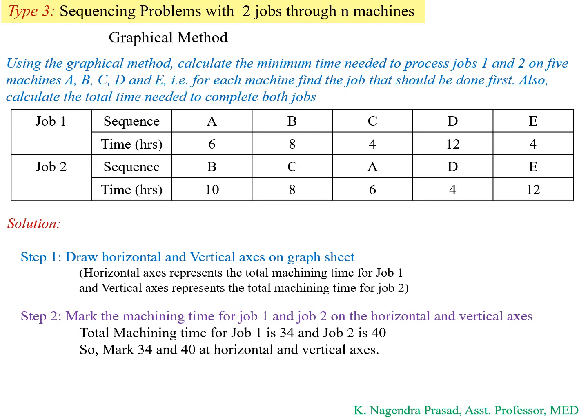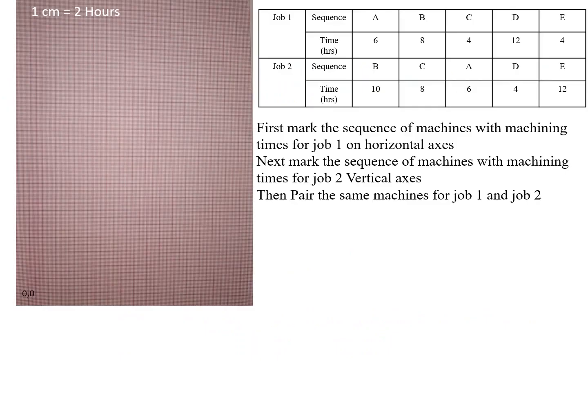So on the graph sheet we have to mark 34 and 40 on the horizontal and vertical axes. Then we will complete step 1 and step 2 on the graph sheet. Here the total machining time for job 1 is 34 hours and for job 2 is 40 hours. We are considering 1 centimeter equal to 2 hours.